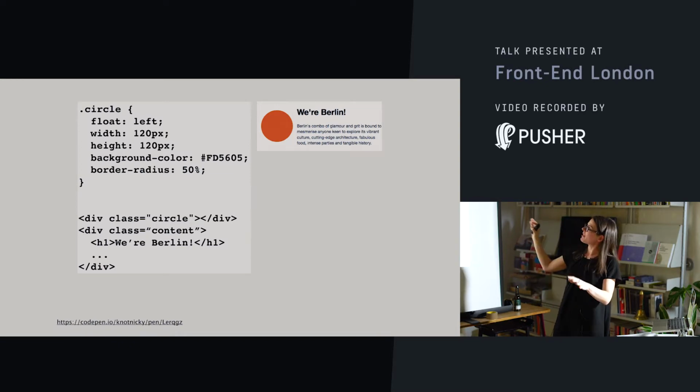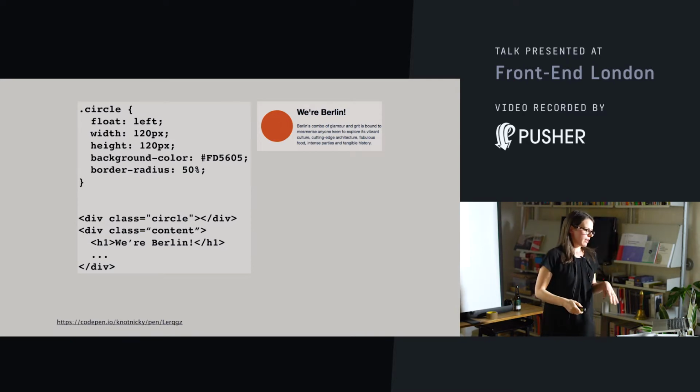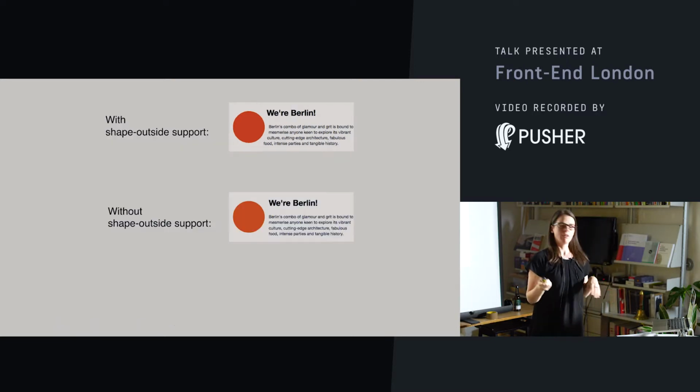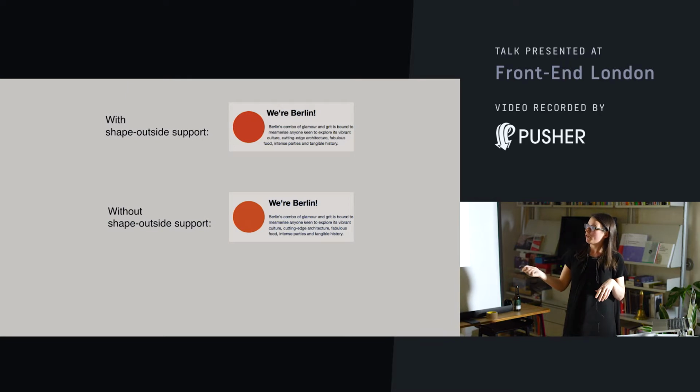Assuming you wanted this red dot layout, you could do that however you wanted. I've done it like this. And then the only thing that you need to do to get the text aligning around the circle is to add this one property. It's super easy. You don't need to add any arguments to it or anything. It's just there. I think it's pretty neat. If you don't have shape-outside support, we'll talk more about this later as well, then no biggie.